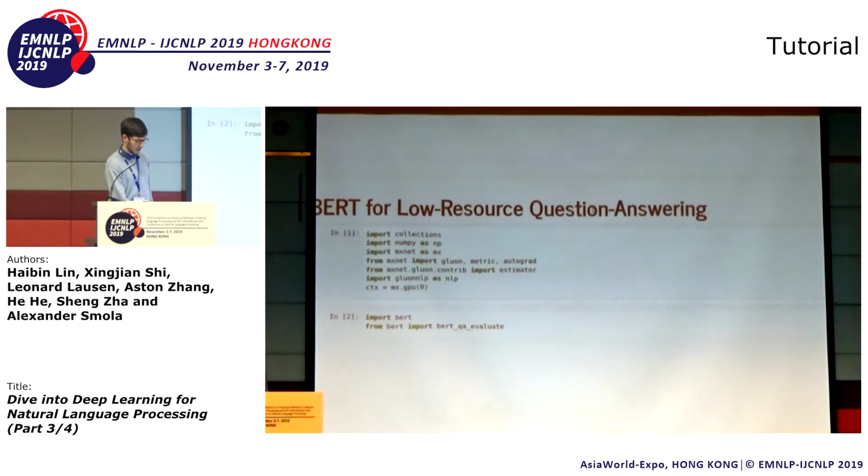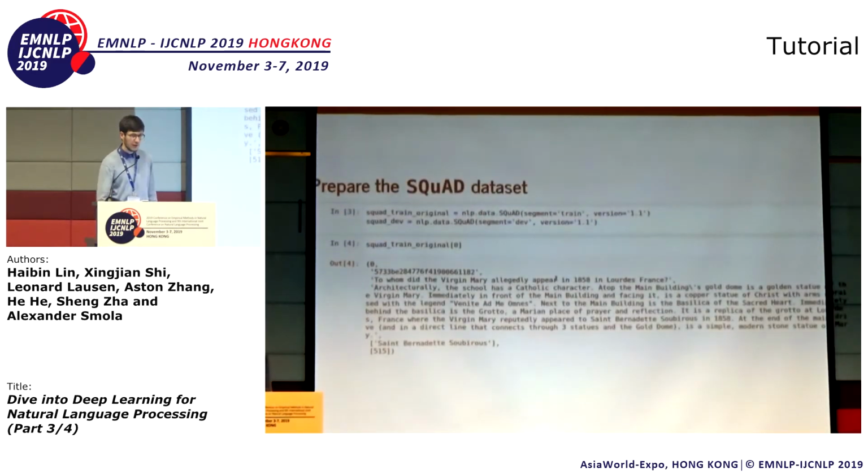So let's import all the basics that we need. Maybe let's first take a look at the QA dataset. Here we use the SQuAD dataset. We can just use the GluonNLP nlp.data.SQuAD API to get that dataset, and we will now get both the training and the development part. Let's look at how each sample in the dataset looks.